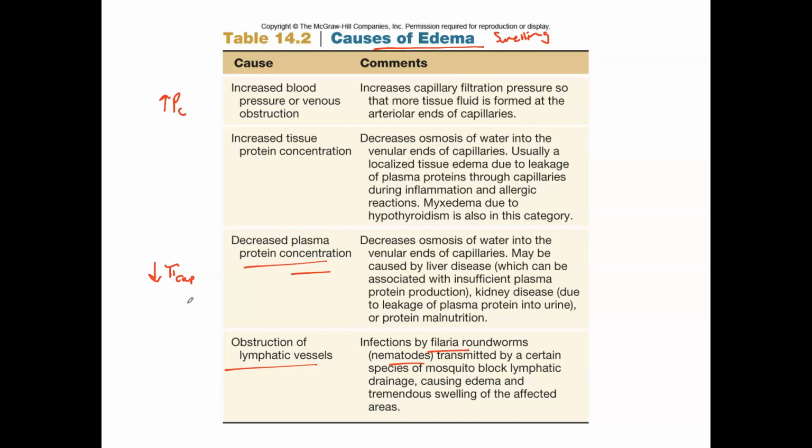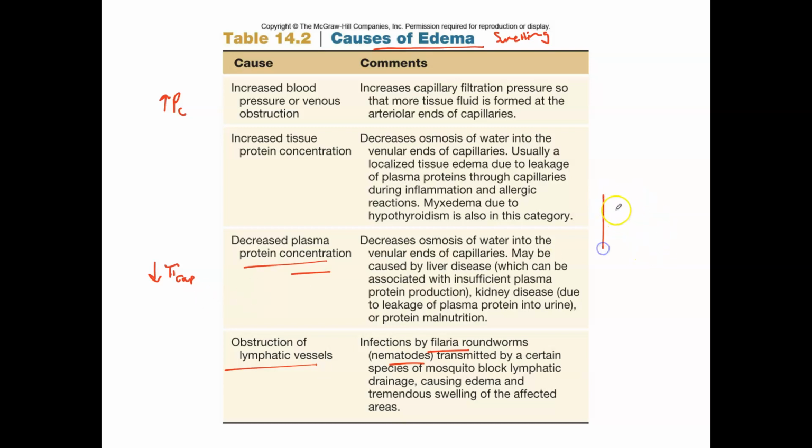Kidney failure can also lead to leakage of plasma proteins into your urine. And so all of these things can lead to edema because you don't have as many capillary proteins to absorb that fluid back in.